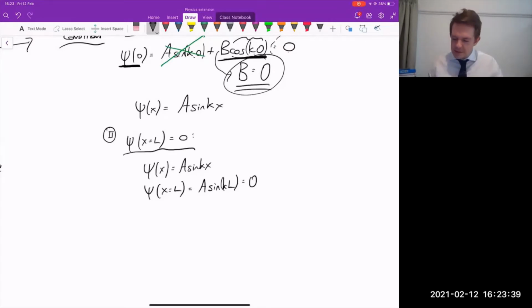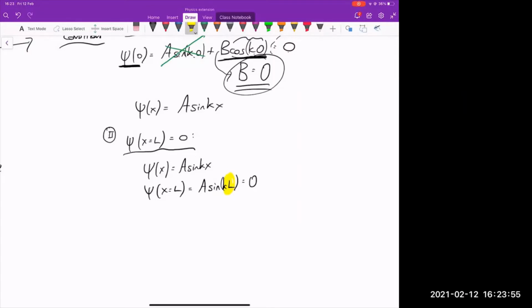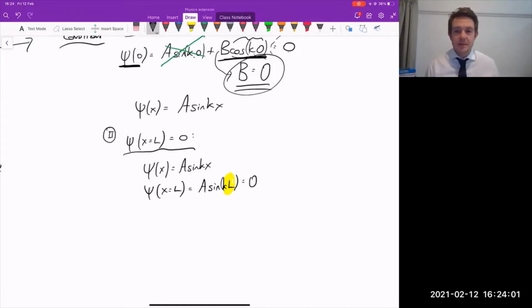When does a sine function equal 0? What has to be in this bracket for sine of it to be 0? 180 or pi or whatever. Yeah, 180 degrees, or pi radians, or any multiple of that, correct?